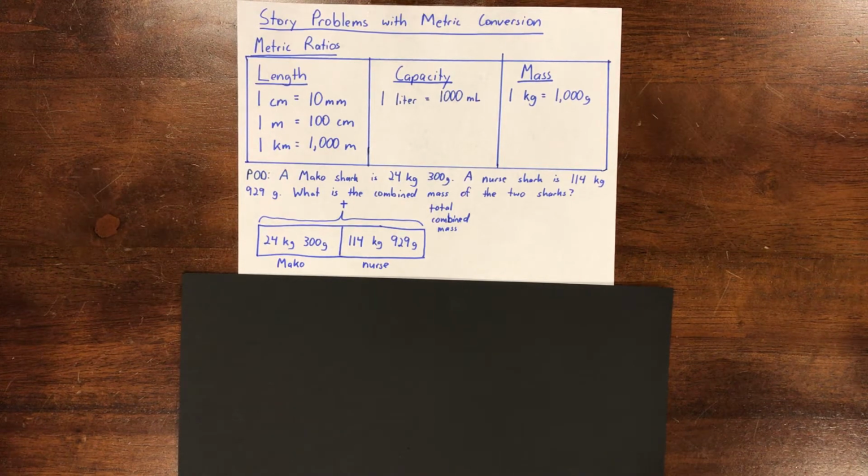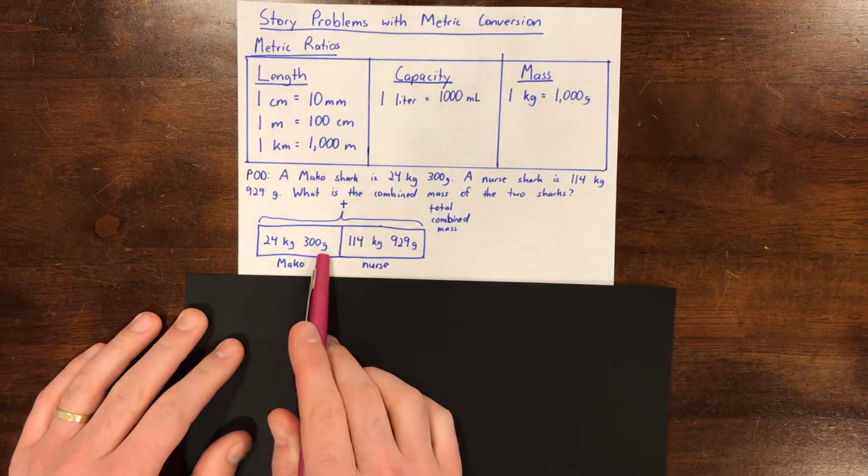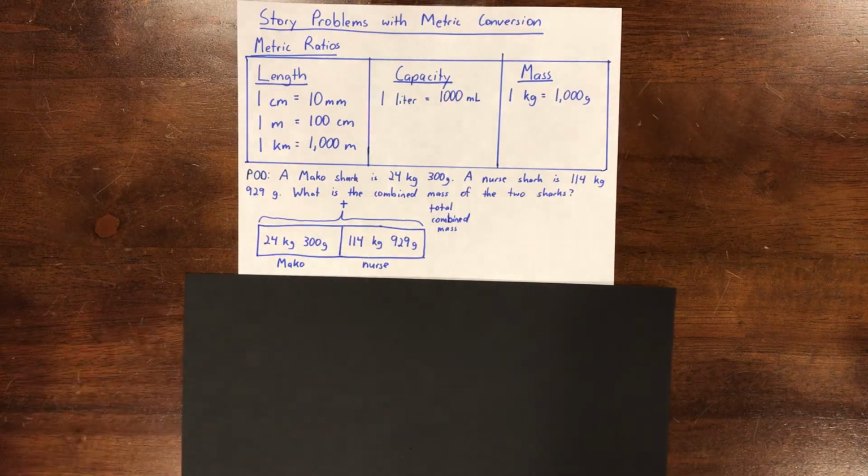All right, so why do you think it would be important to put labels like kilograms and grams, or I put kg and g? Why is it important to put those after the measurement numbers in our representation? Say it out loud. Right.